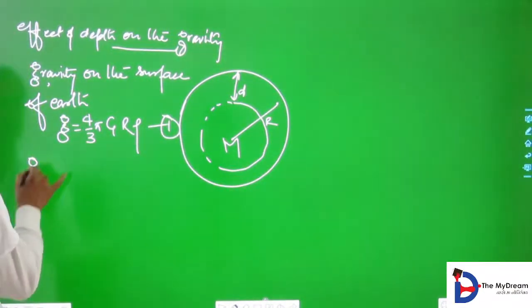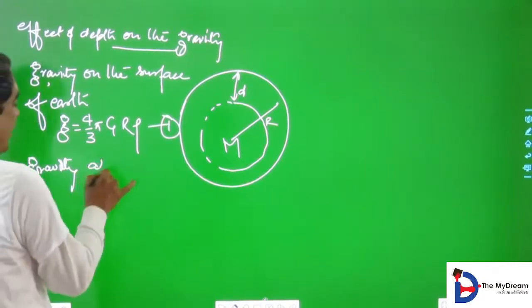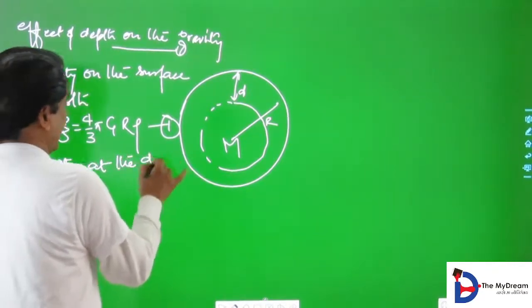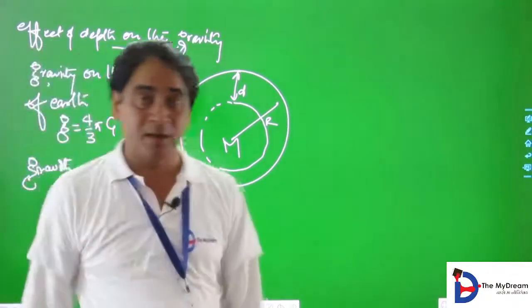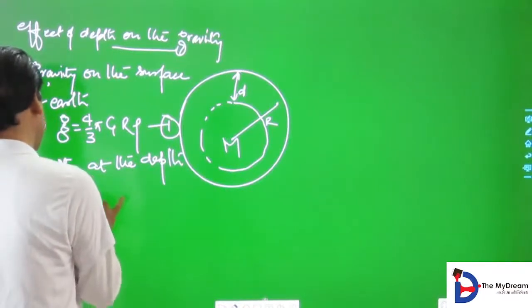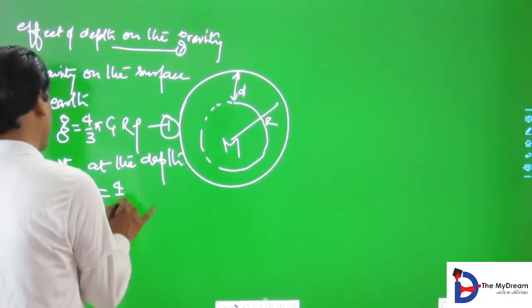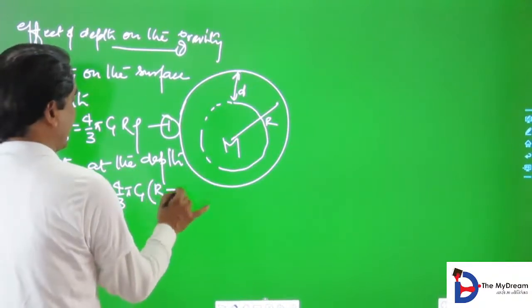Gravity at the depth d is given by GD equals 4 by 3 pi capital G. Now how much distance is left? r minus d.